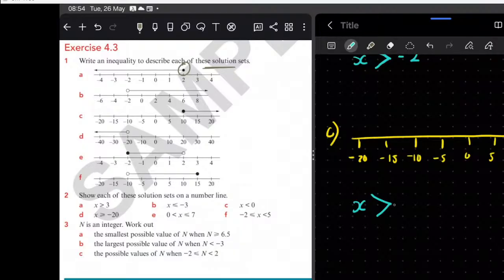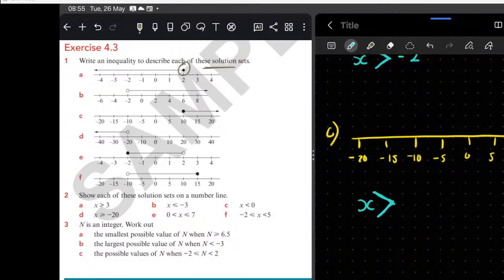So if the arrow is facing the right, I want to see you write below, x greater than. Okay, I want to see the crocodile face x, to mean the crocodile is saying x is bigger than. The crocodile always faces the bigger thing. Are we together?